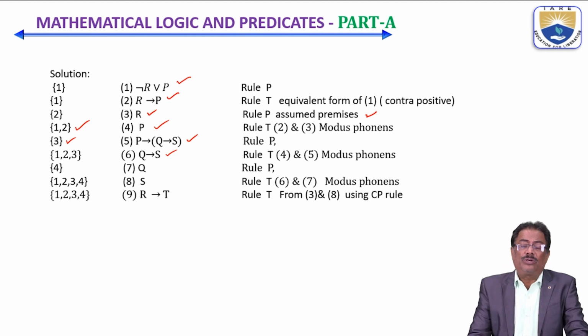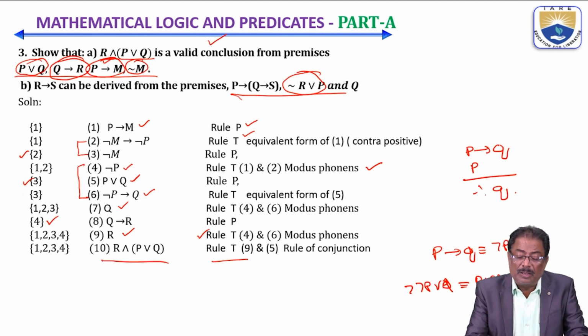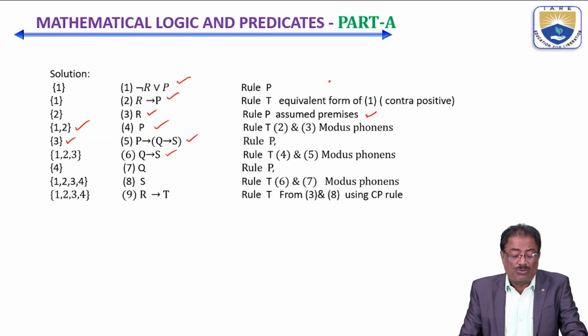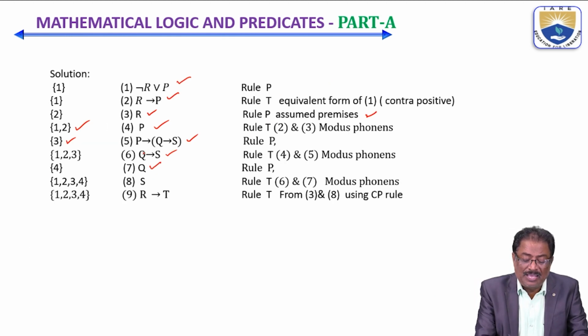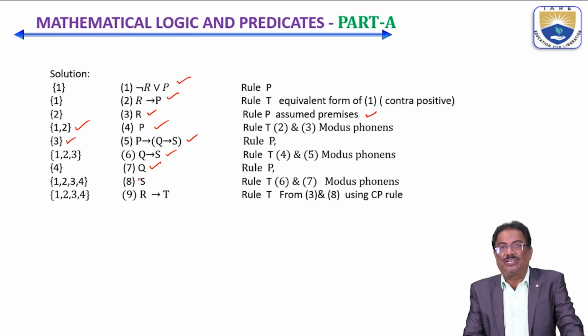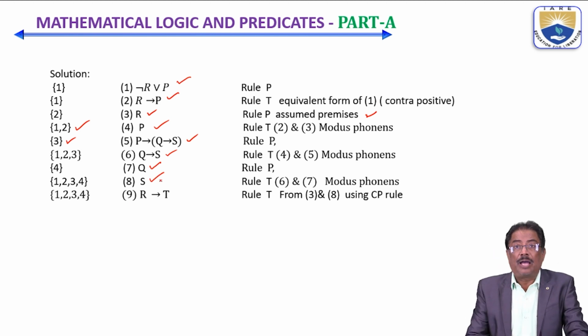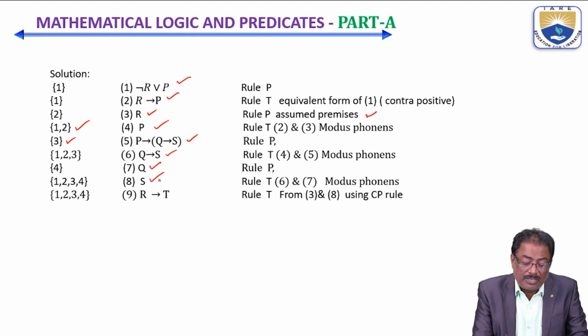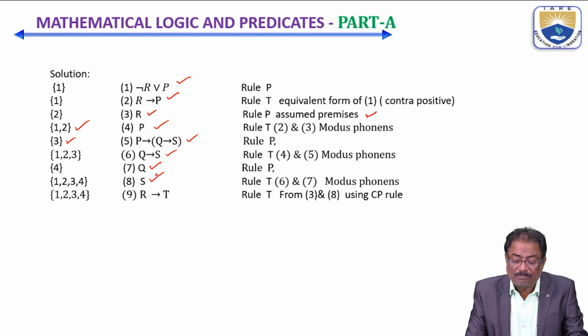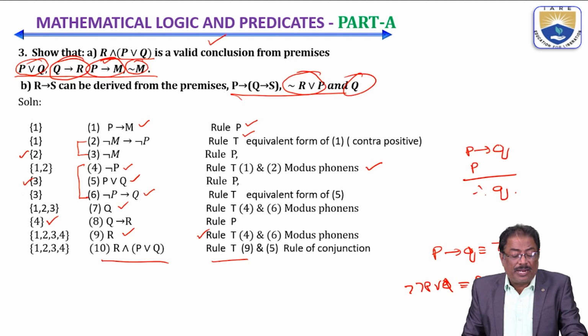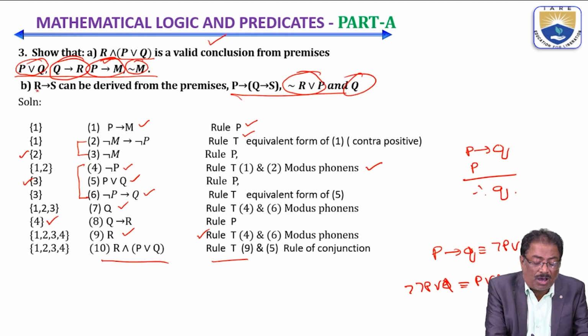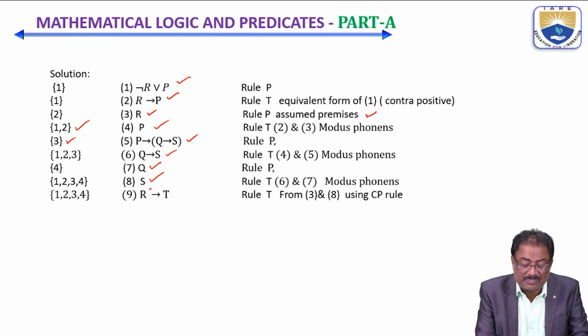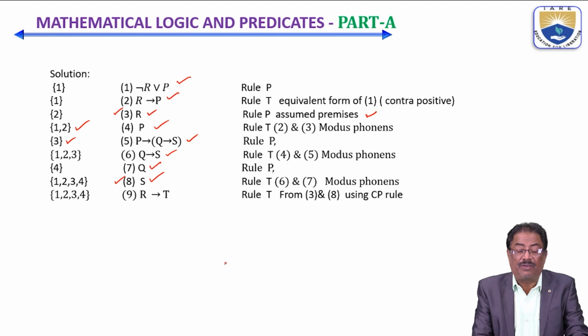Now we are going to consider the remaining Q that we have to consider. So I am going to consider Q and apply both Q to S and Q, then I am going to get S. So now S is there, and the next I am going to find out R to S. Here it is a mistake, R I am having from equation 3, and S I am having from equation 8.